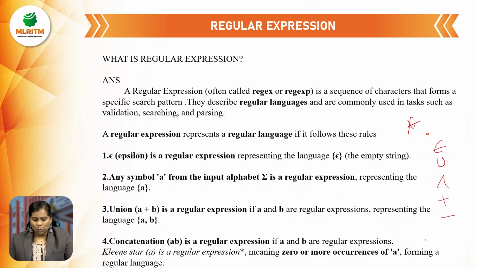So we have some rules. The first one is epsilon. If epsilon is a regular expression, it will be represented as the regular language {epsilon}, with flower brackets. Whenever epsilon occurs in the flower brackets, it is known as the empty set.